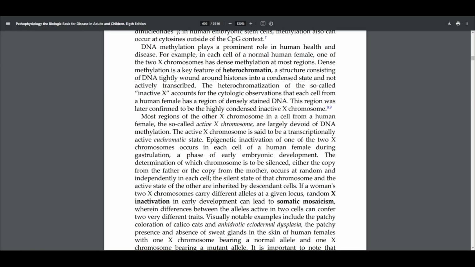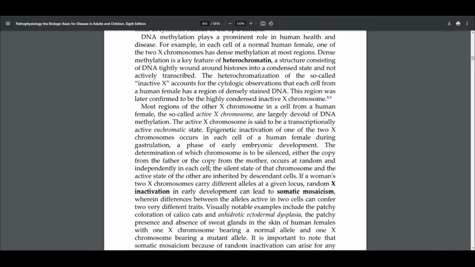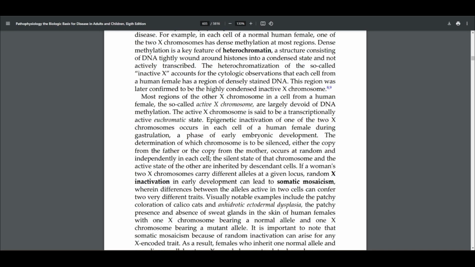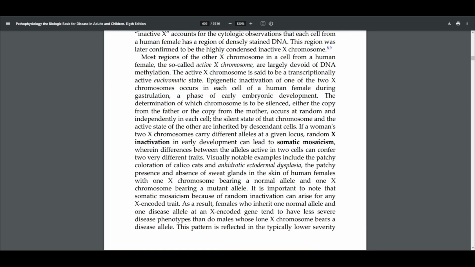The heterochromatization of the so-called inactive X accounts for the cytologic observation that each cell from a human female has a region of densely stained DNA. This region was later confirmed to be the highly condensed inactive X chromosome.